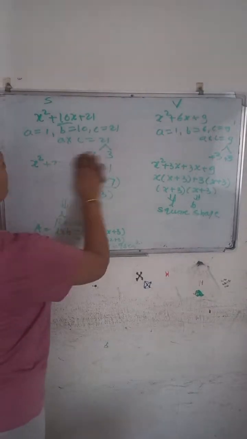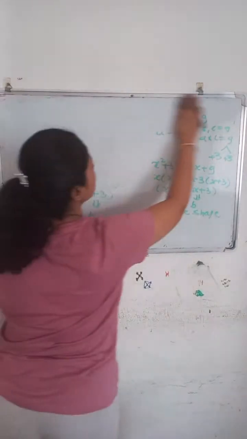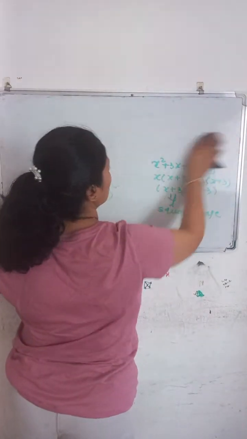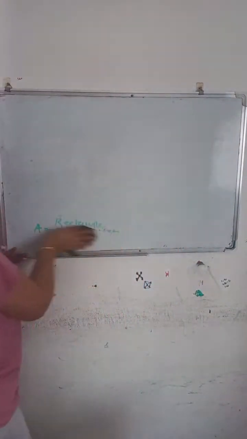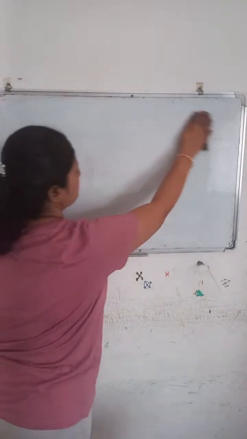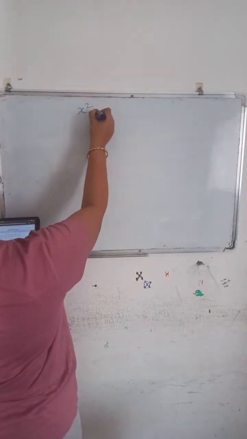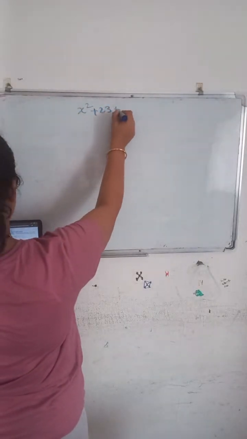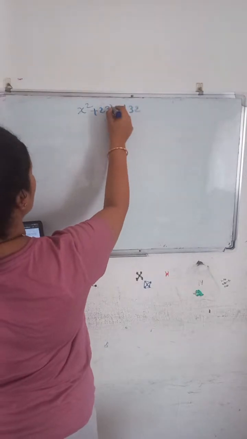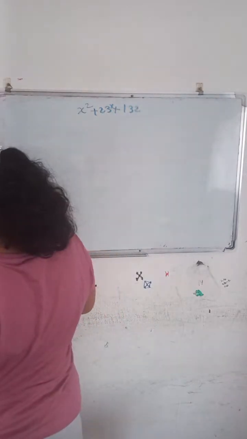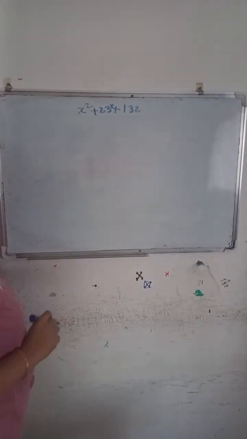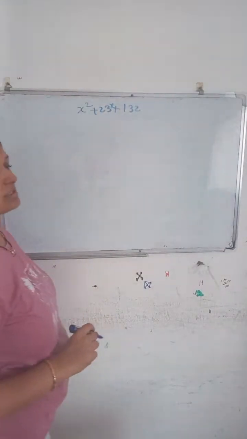Okay. So the last one, can you do these questions? Now the next equation is given: x square plus 23x plus 132. Now how can you find out the factors for this?